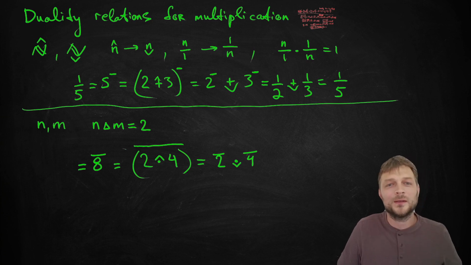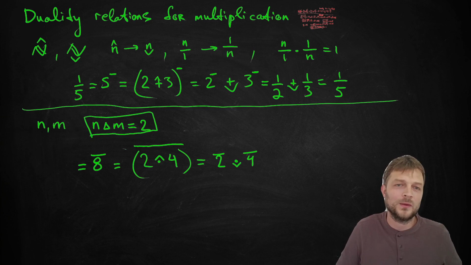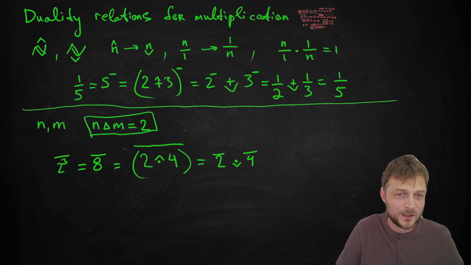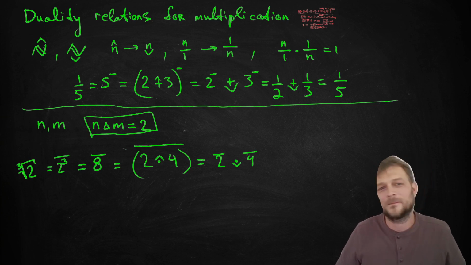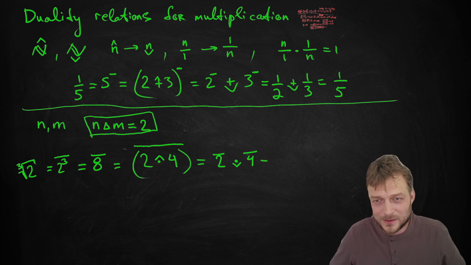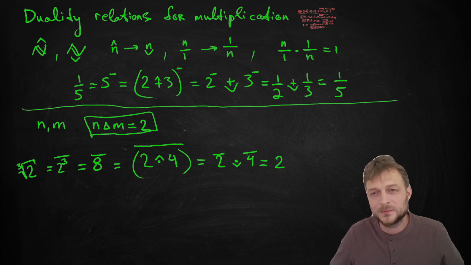How to compute the dual? We need to solve this equation, right? Where n equal 8. I solve it this way. I write that 8 is 2 to the power 3, and I need to take the dual, and this dual will be equal to the cube root of 2. On this side, let's see, dual of 2 is 2, dual multiply 4 is 2 squared, we want the dual.